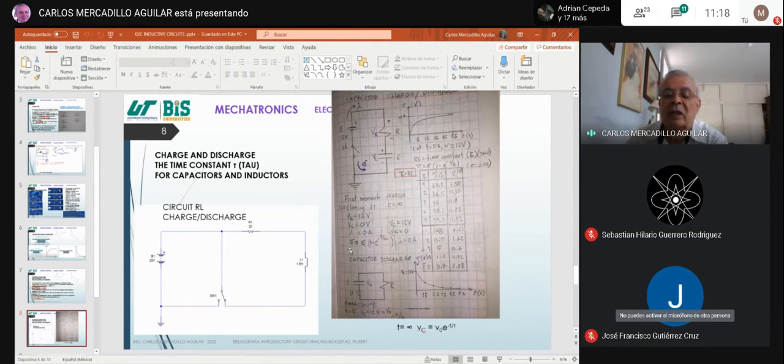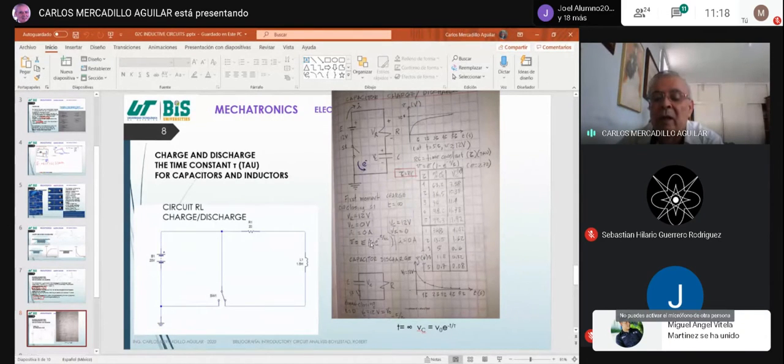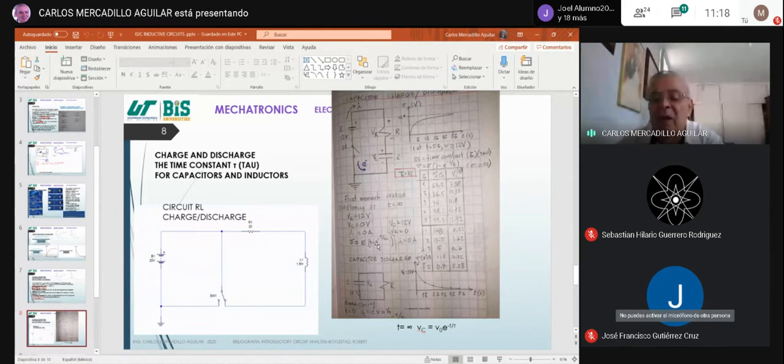But we have this equation that defines the value of the voltage depending on the time. It says that the voltage will be the value of the initial voltage, the battery voltage, in this case 12 volts, multiplied by 1 minus the number e to the power of minus t divided by RC.